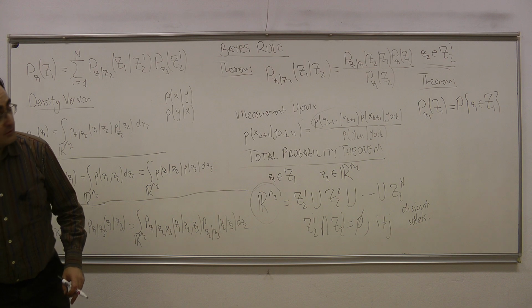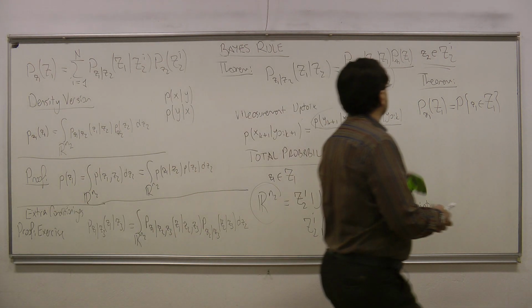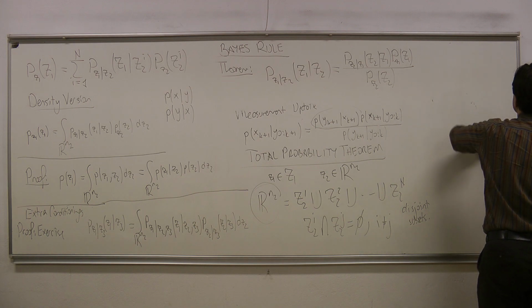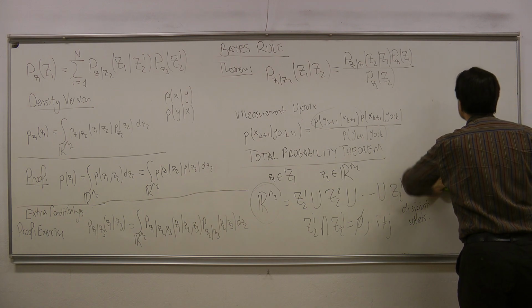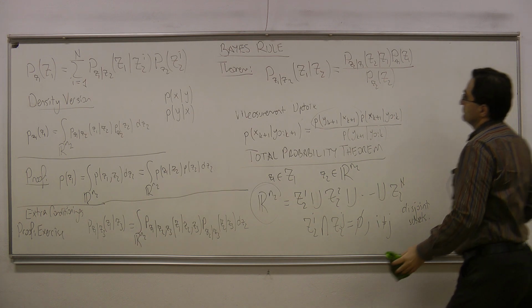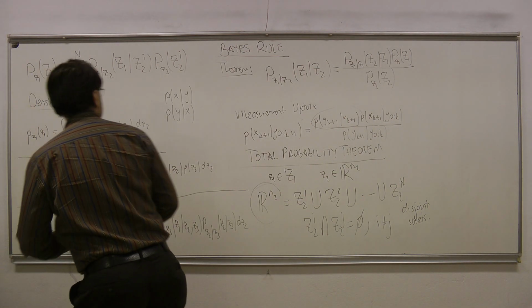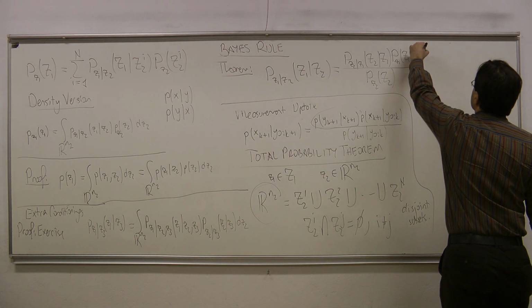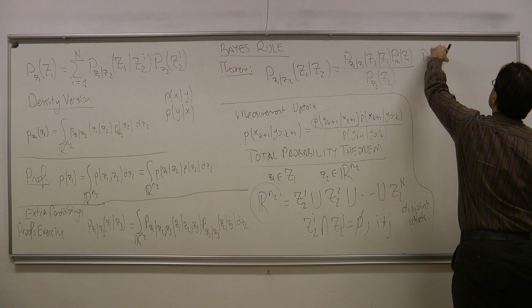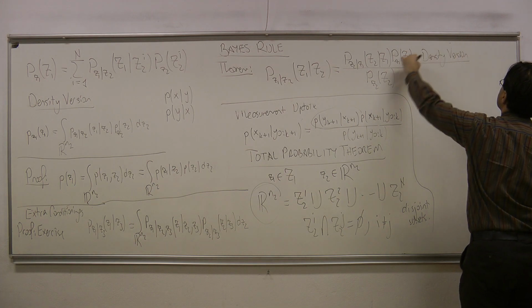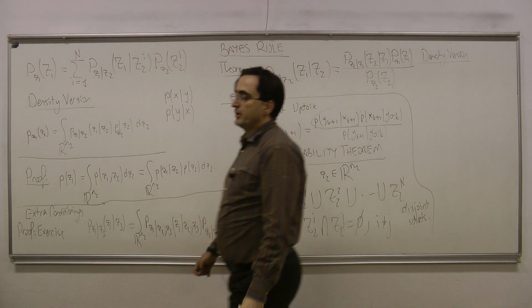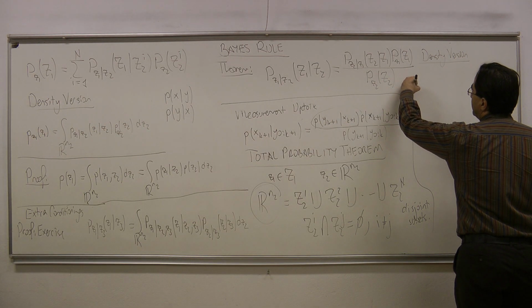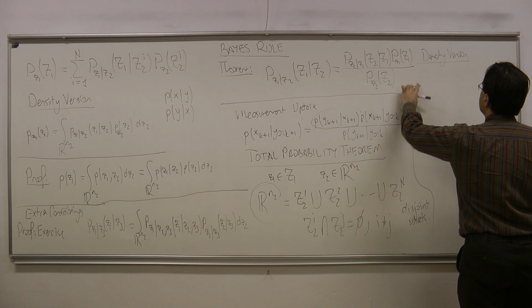Now let us look at the density version. So the density version would be looking like this. So I have here p.